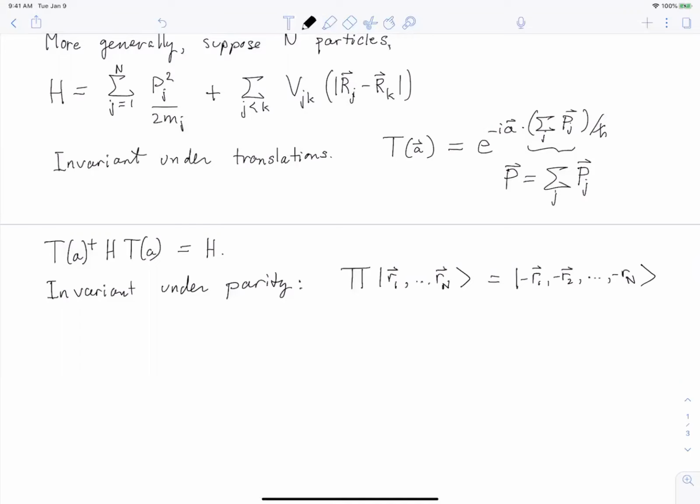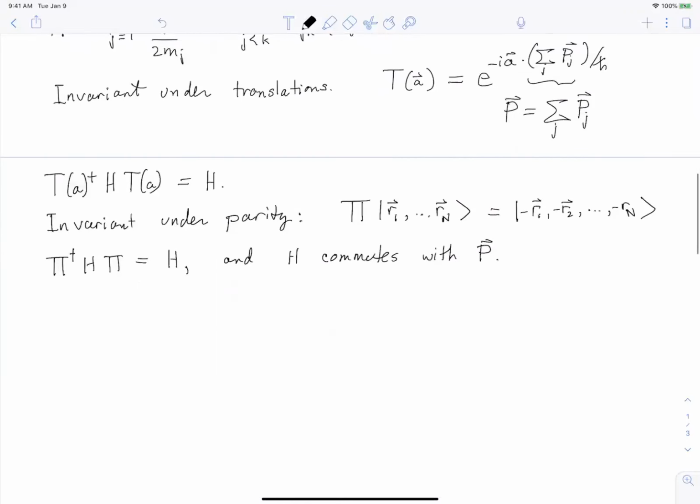Something like that. And then you can show that pi dagger H pi is again H. And H commutes with the total momentum operator. And so now that's a way of constructing a multi-particle Hamiltonian that's invariant under translations and parity.